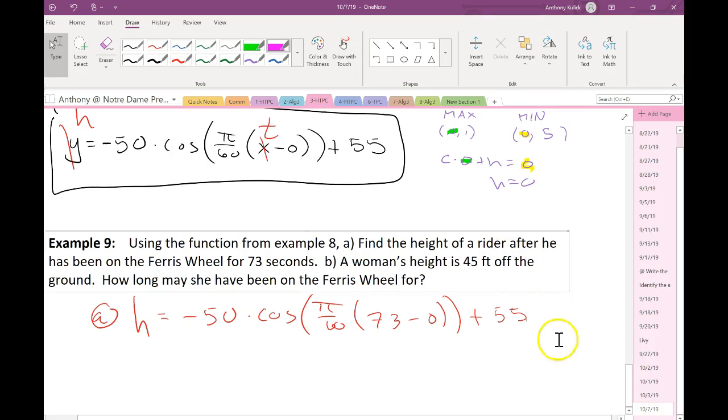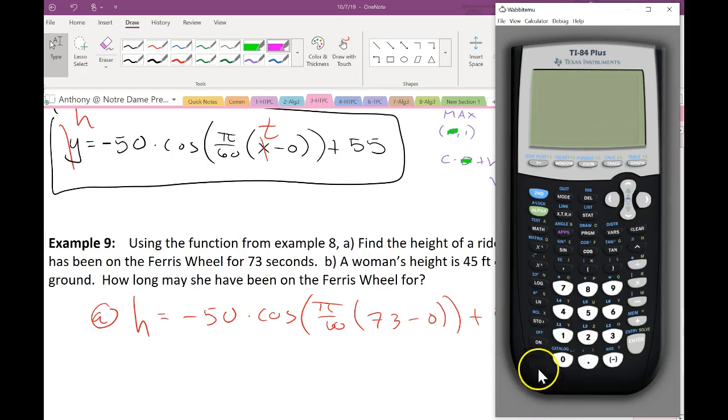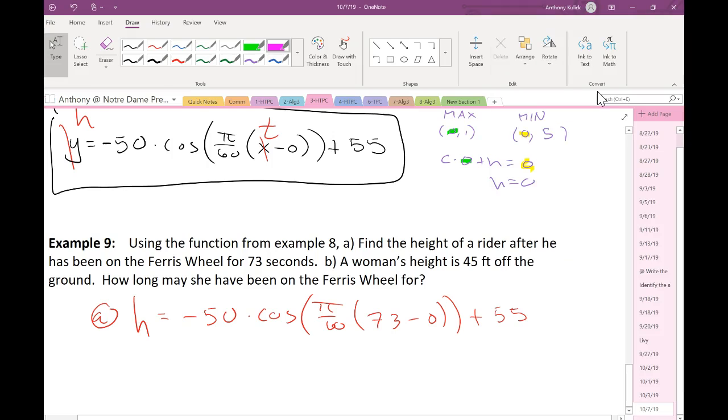So I'm just plugging 73 in for t, and then it's calculator time. So if I do that, I get 93.86. Those are feet, correct.